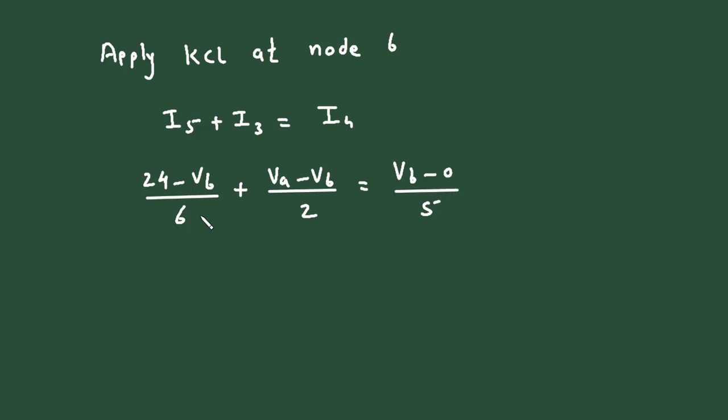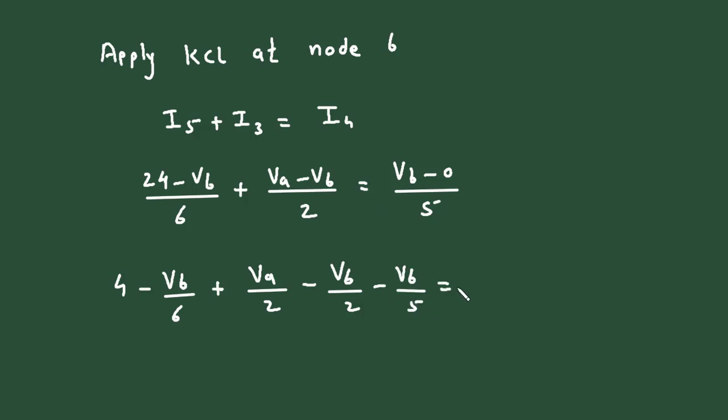Now let's simplify this. So it will be 24 by 6, so this will be 4 minus VB by 6 plus VA by 2 minus VB by 2. If we take this on the left side, it will be minus VB by 5 is equal to 0.